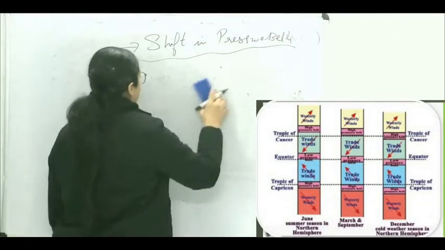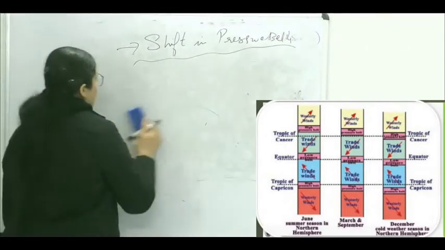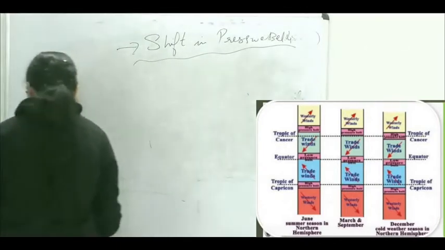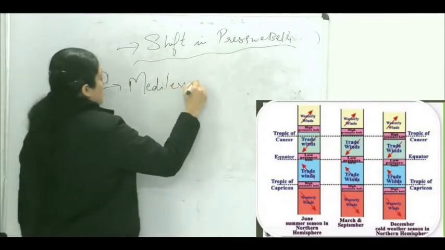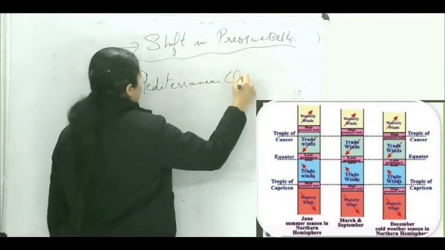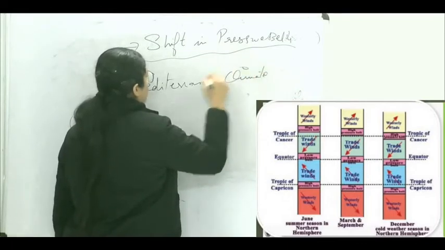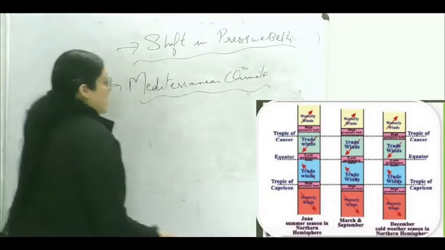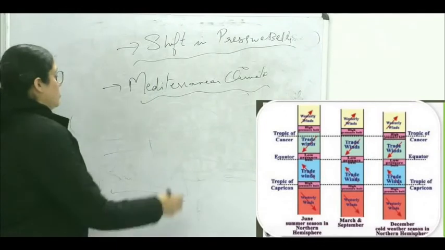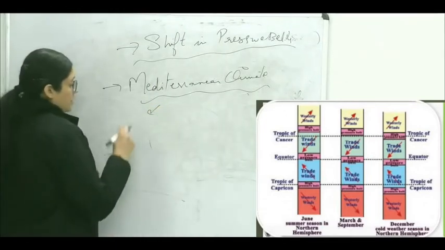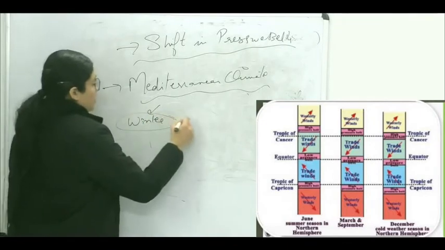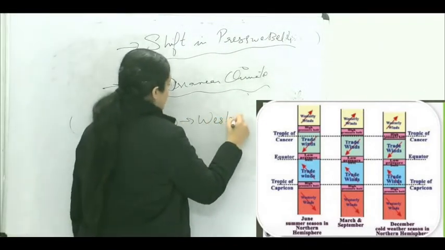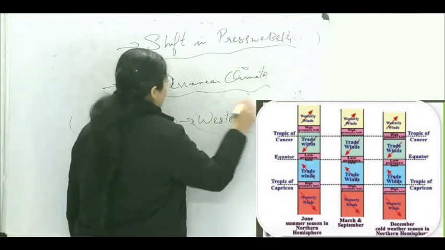Now this shift in pressure belt is of consequence in the Mediterranean climate. It is due to the shifting pressure belts that the Mediterranean region falls under the region of the westerlies in the winter season.